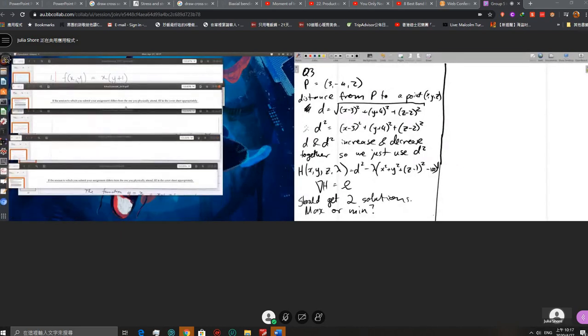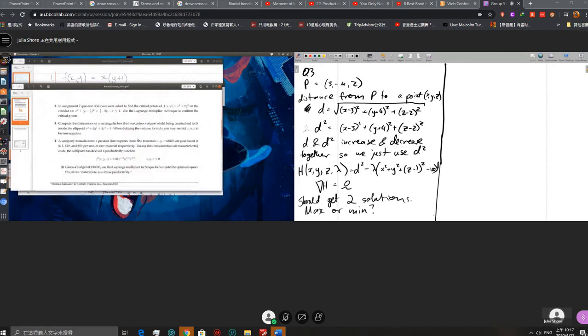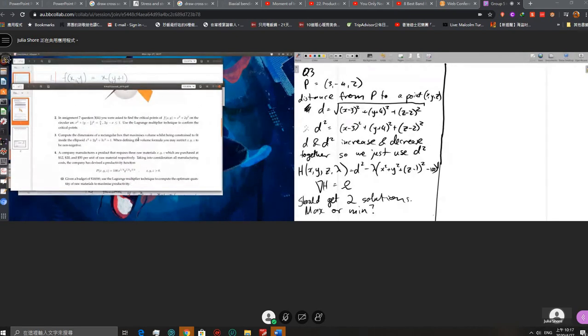2019. So in 2019, I wanted to look at question 2. If we have f of x, y equal to x squared plus 2y squared, on a circular arc x squared plus y minus a half squared equal to 5 on 4, and 2y minus x less than or equal to 1.